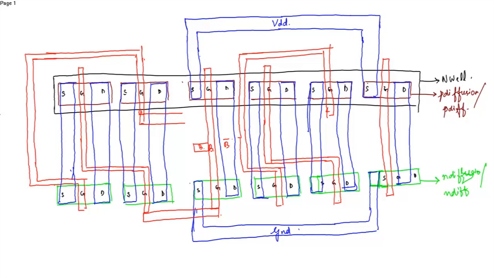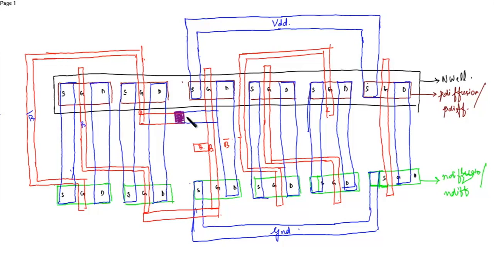So it's poly and metal overlapping. So this is B bar and this is B. So we need a poly contact now. Poly contact is placed over here. Just marking. This is the poly contact.